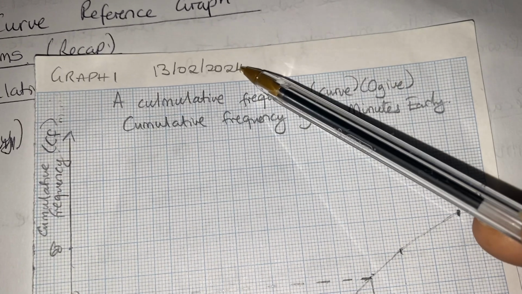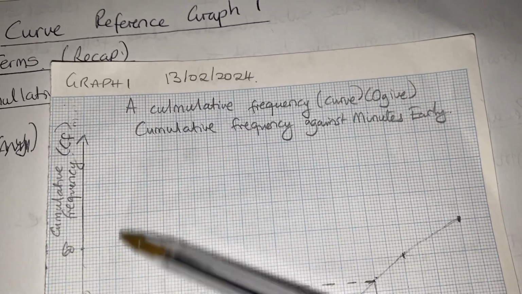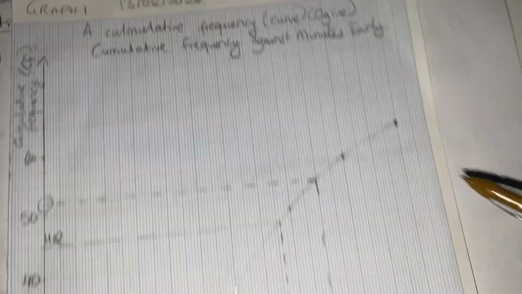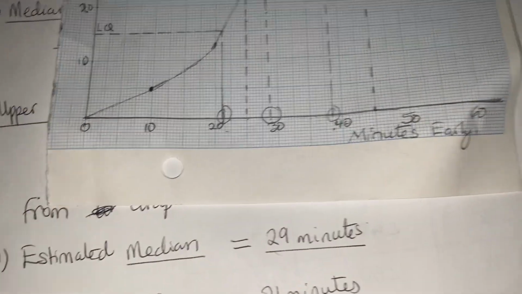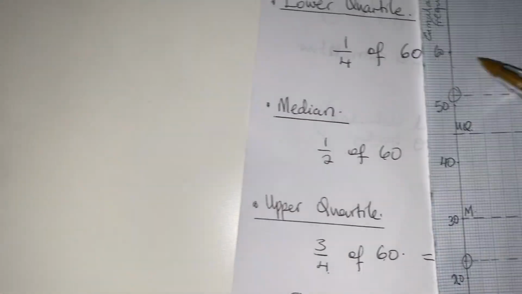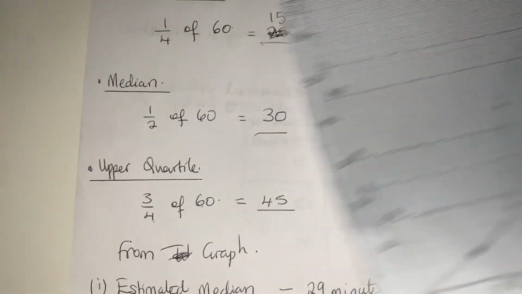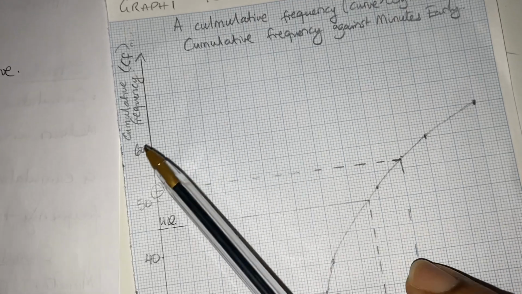That's my data for today, the cumulative frequency, and then the minutes early here. Remember, the cumulative frequency here adds up to 60.